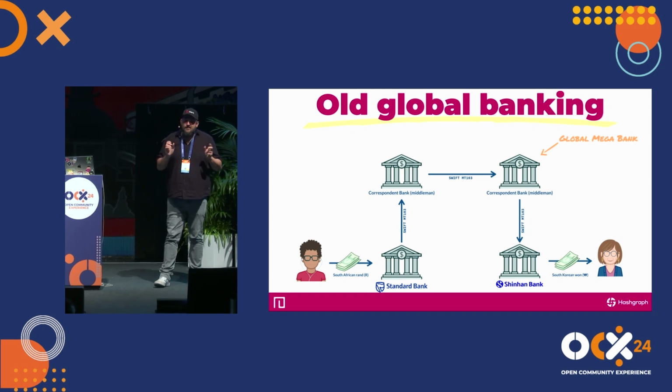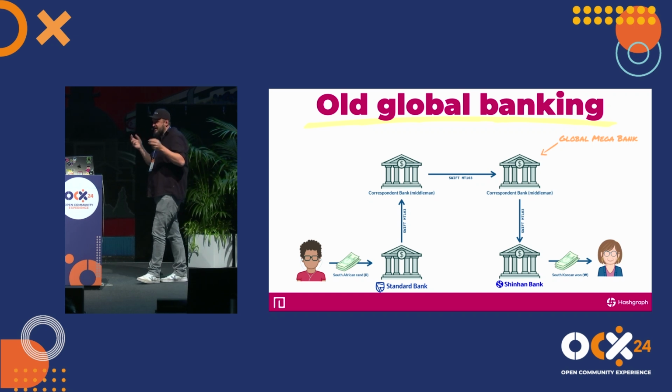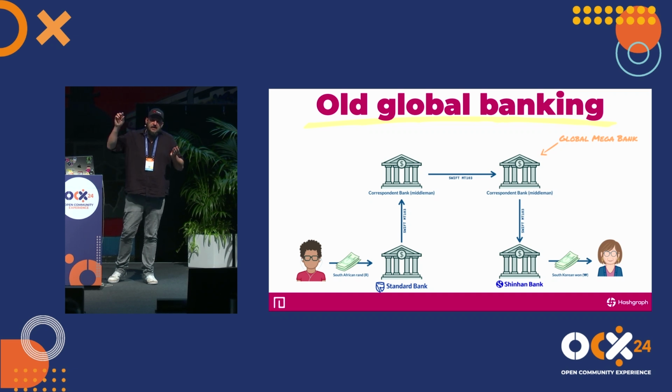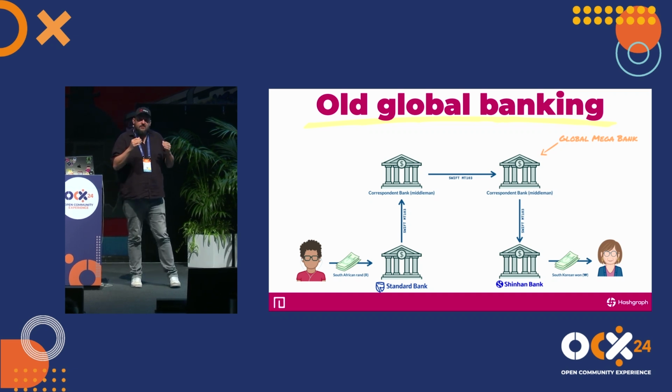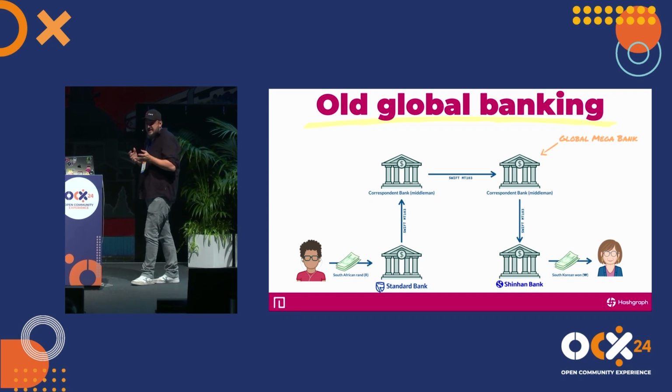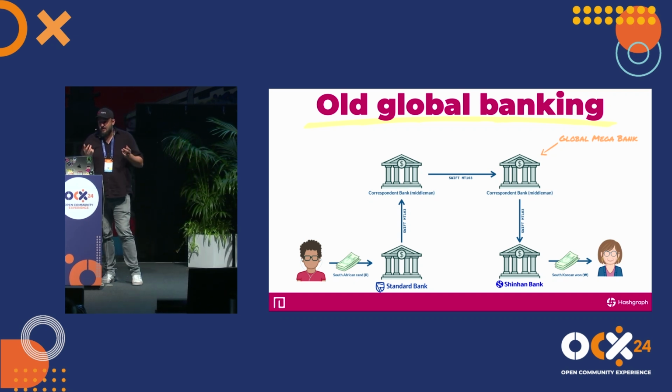Those are not private banks, those are really global, I just called them global mega banks. I don't know if there's an official name for those. But as you can see, there are really a lot of transactions, and those are not connected, right? So you really have manual work maybe between those transactions. That is a little bit problematic.